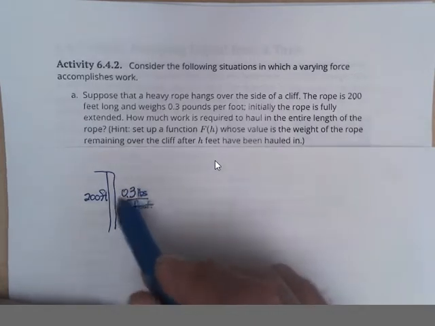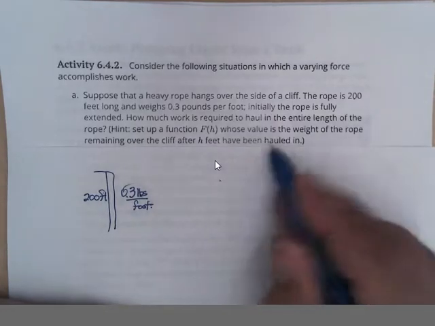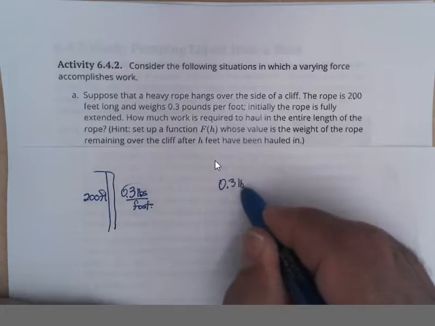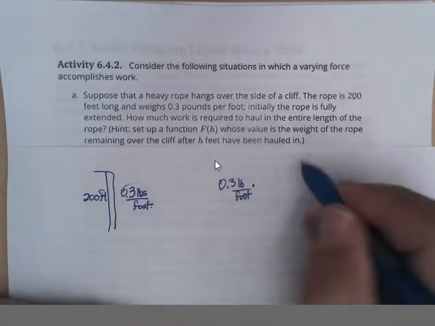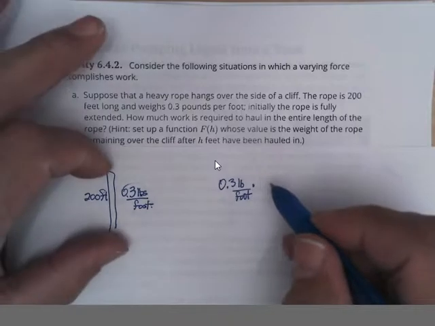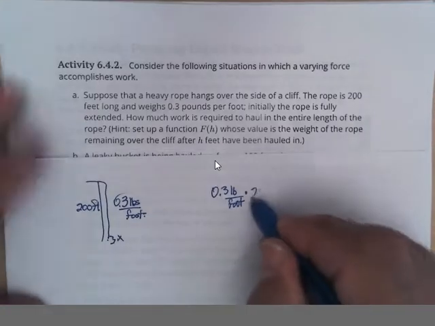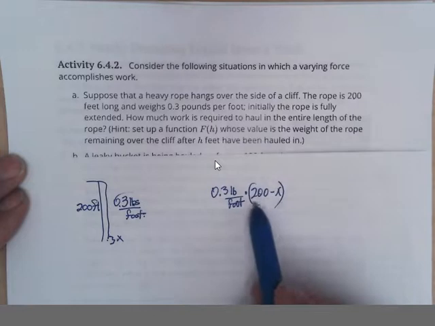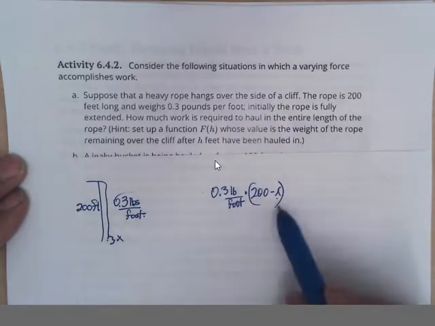This is a force divided by a distance. So we have to multiply the force, 0.3 pounds per foot, by how many feet. Well, the rope is going to be 200 feet minus however much it's lifted. So it's going to be 200 minus x. That's the length of the rope, and that'll be in feet. That'll cancel the feet and give me the number of pounds.